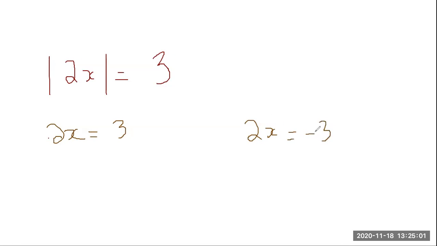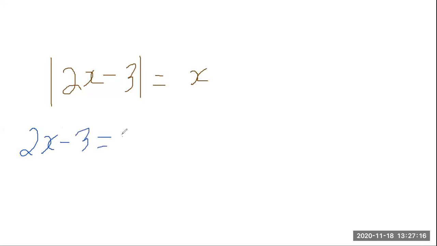And then I'll go through and I'll solve that. So x is equal to 3 over 2 and x is equal to negative 3 over 2. All right, so I have that equation, and then I set it equal to the positive and the negative of what it's equal to. Simple.